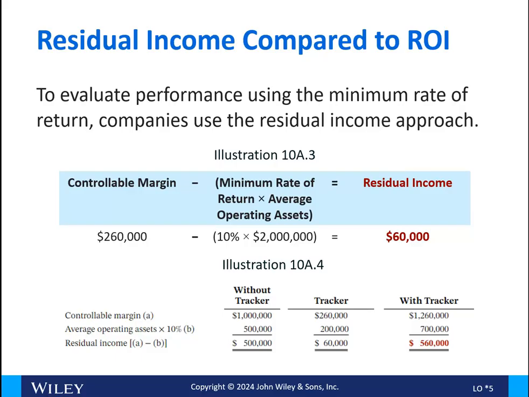If we look at without Tracker and with Tracker, our residual income is going to increase by that $60,000. So we have a reason to go ahead with this project because our residual income is going to increase by $60,000. It's how much more income we have over our minimum rate of return.